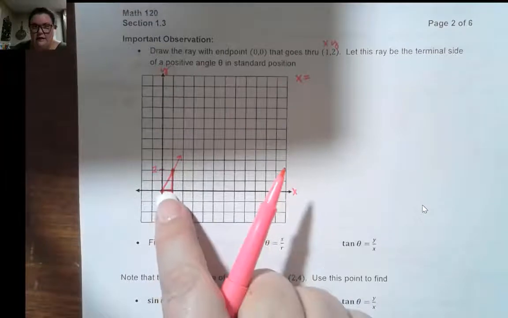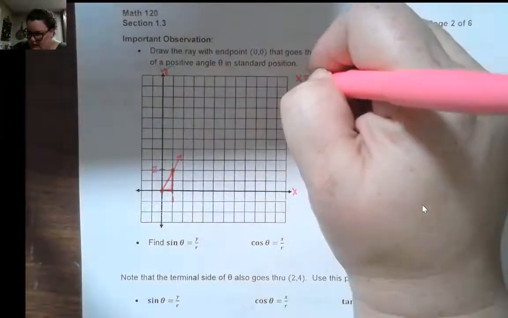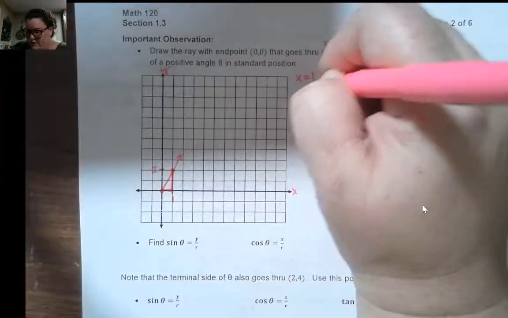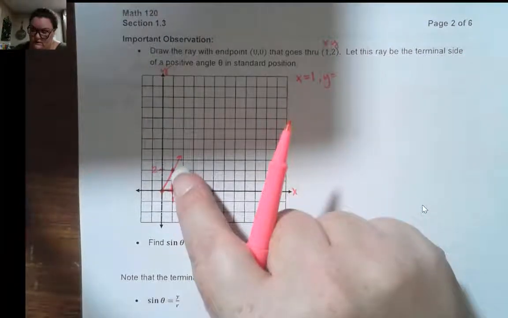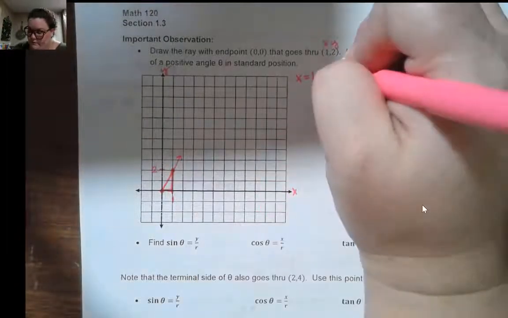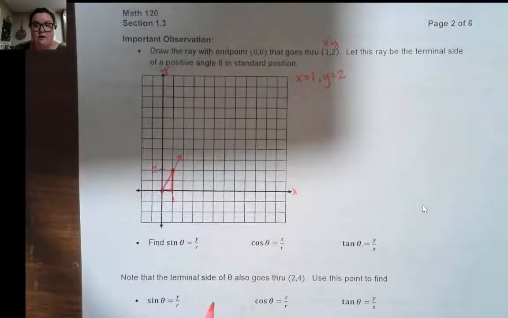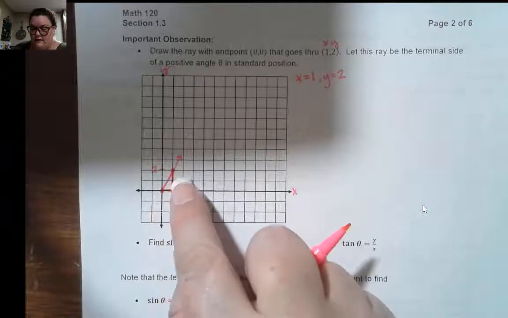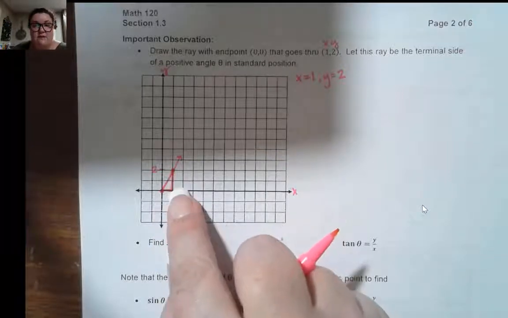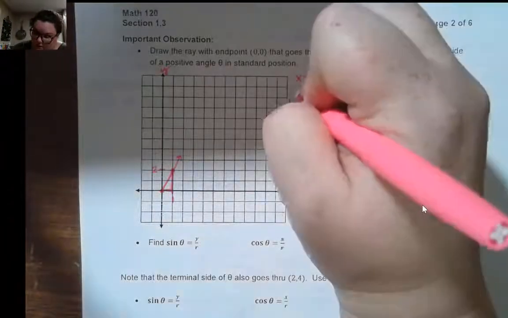This little length here is a 1. I know that my y value is the value of my ordered pair, or this distance, which is 2. And then I can calculate my r using the Pythagorean theorem. So if I square this side and I square this side and I add those together and take the square root, I can figure out r.